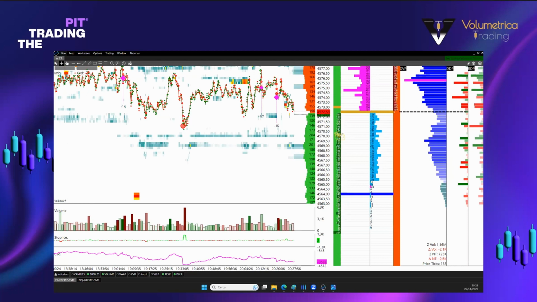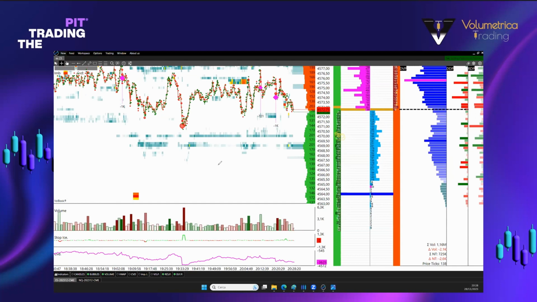Of course, the stop iceberg indicator, like the one provided by Volbook, is even more reliable. Because how does it work? And how can it detect native icebergs with an accuracy of 100%?